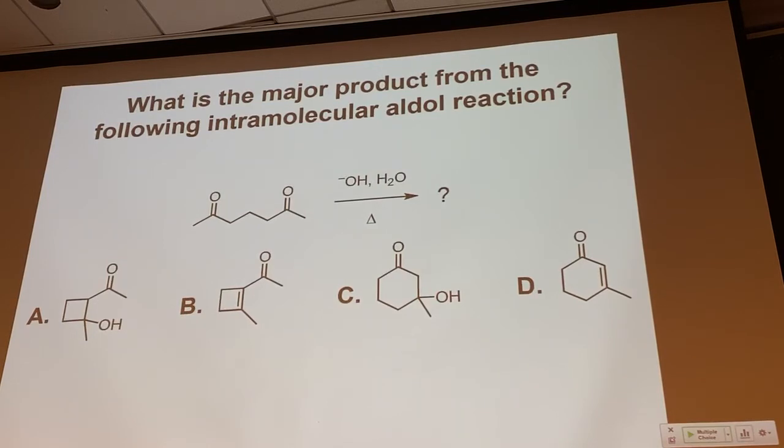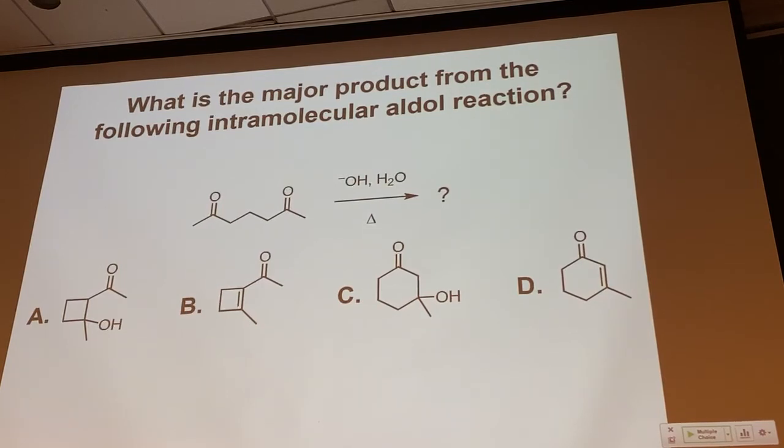And we know that aldol reactions with two ketones are not thermodynamically favored. So if we're using weak bases such as hydroxide, the equilibrium is going to favor the starting material unless you add heat to dehydrate this to get the final product. So if we leave out the heat, we wouldn't get C in this case. We would just have the starting compound.